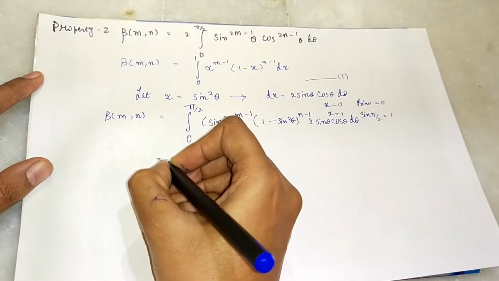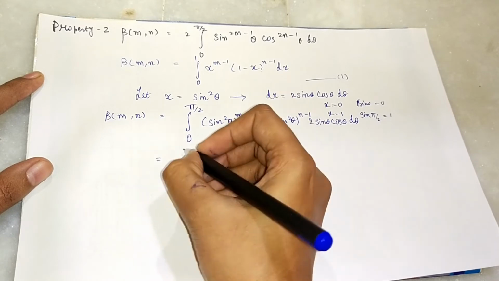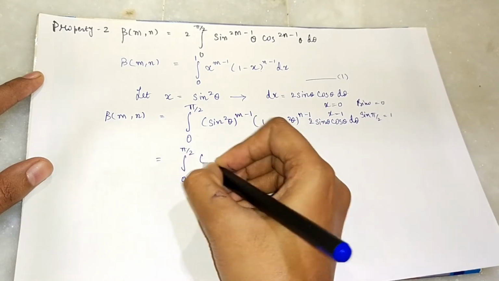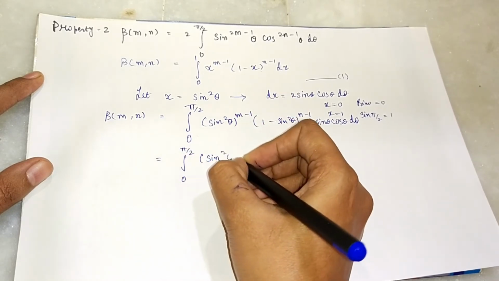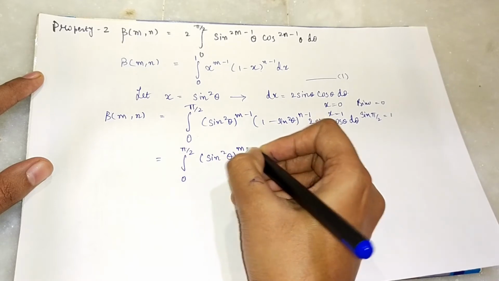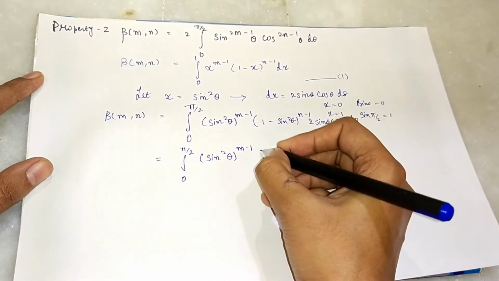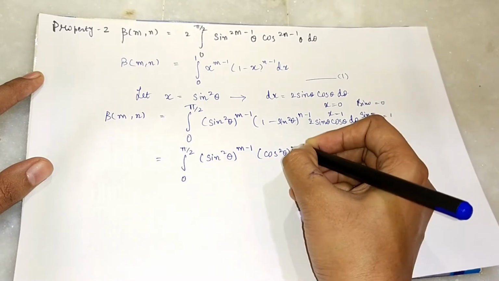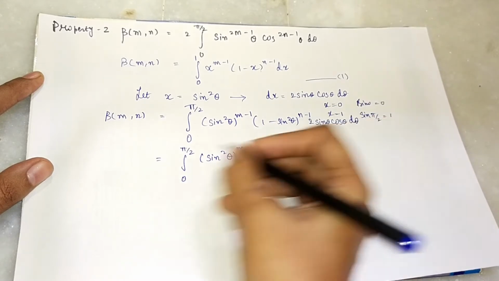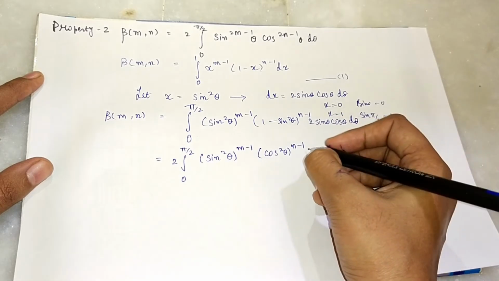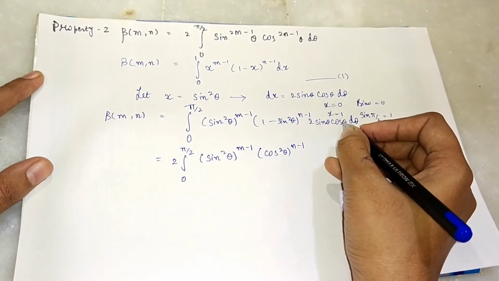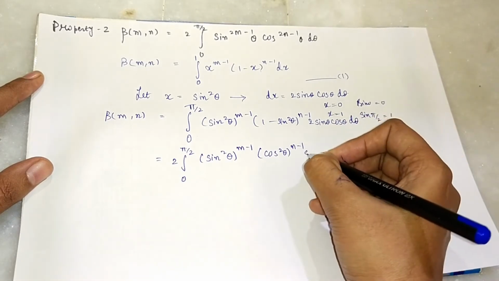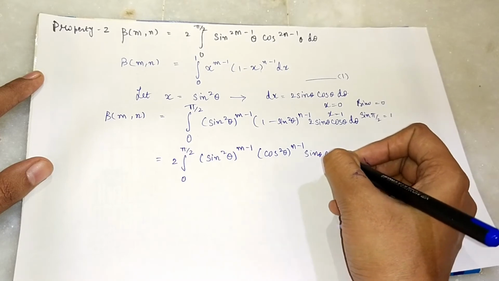So it will result into 0 to pi by 2, sine square theta raised to m minus 1. 1 minus sine square theta is equal to cos square theta, so cos square theta raised to n minus 1. This 2 we will write outside, and this sine theta into cos theta will remain as it is.